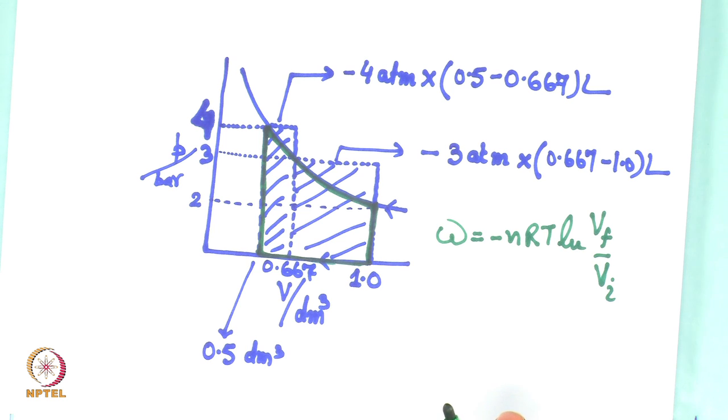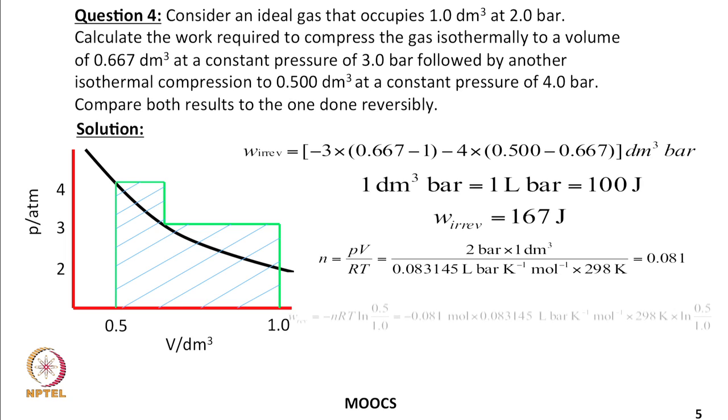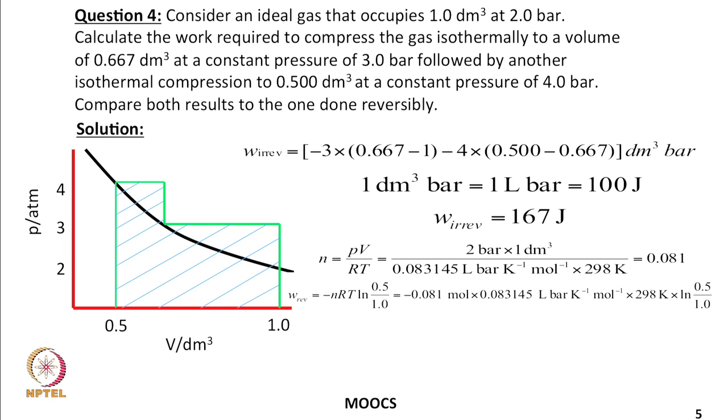And going back to the slide, we need the value of n, number of moles, which can be easily calculated from the given information, because it is given that the gas occupies 1 liter at 2 bar.